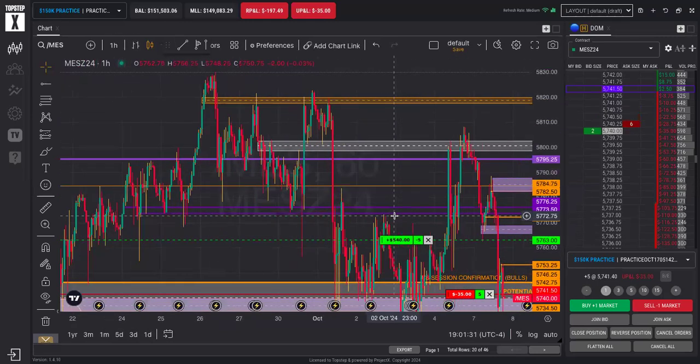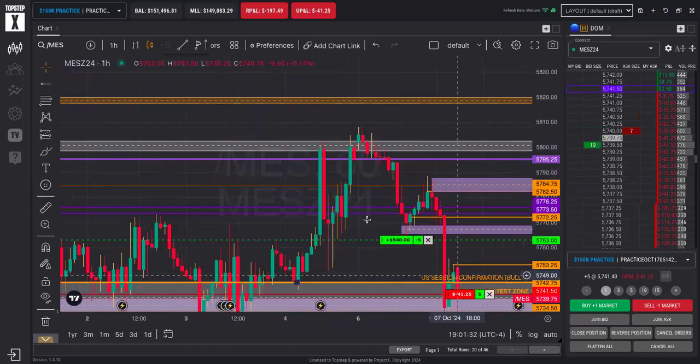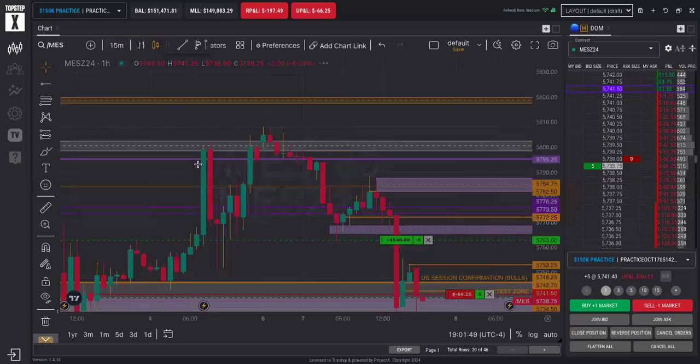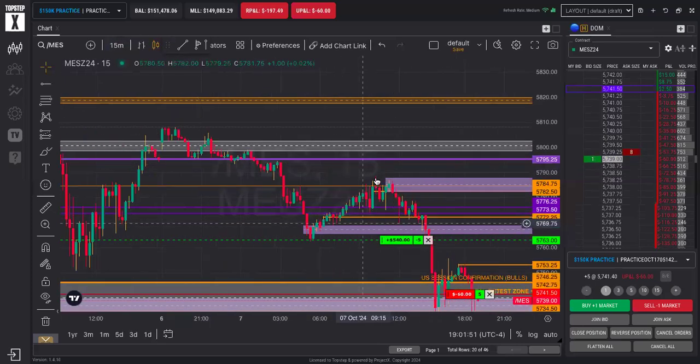Think about this. Before all this happened, this is what it looked like. And we might go, oh yeah, I want to put my take profit right underneath this order block. Or look at it on the 15 so it looks clear. I'm gonna put my take profit right here beneath this order block.